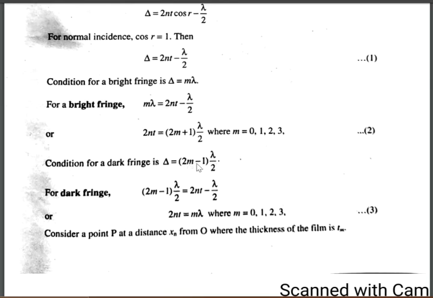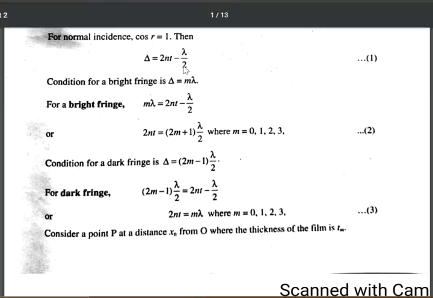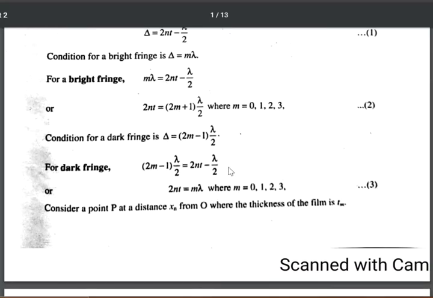An odd multiple can be written as 2m minus 1 or 2m plus 1, but for finding the position of the first dark fringe, we write 2m minus 1. So for a dark fringe, the net path difference delta is (2m minus 1) into lambda by 2. Substitute this in equation 1. We get (2m minus 1) into lambda by 2, and the right hand side in equation 1 is 2nt minus lambda by 2.